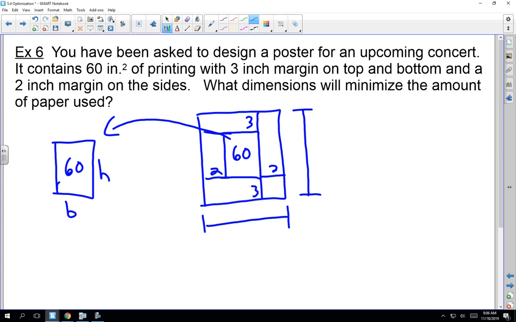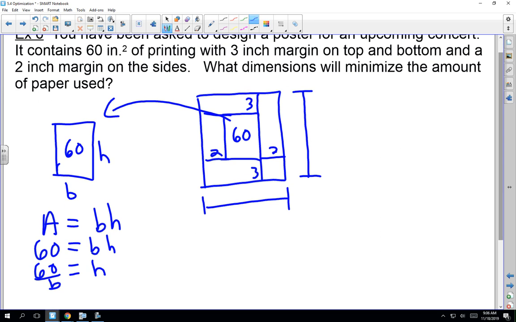It doesn't matter. So area equals base times height, and so 60 equals base times height. Let's just say height would equal 60 over b.